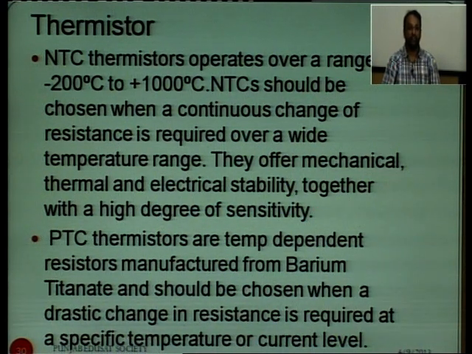Positive temperature coefficient thermistors are temperature dependent resistors manufactured from barium titanate and should be chosen when a drastic change in resistance is required. So, when a continuous change in resistance is required, we prefer NTCs, and when a drastic change in resistance is required, we prefer PTCs.